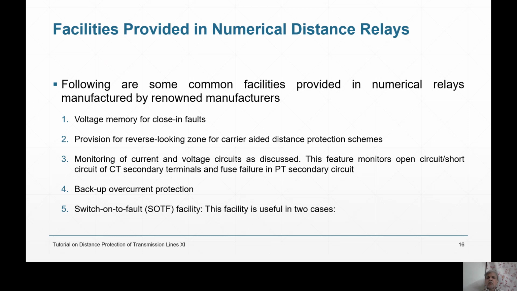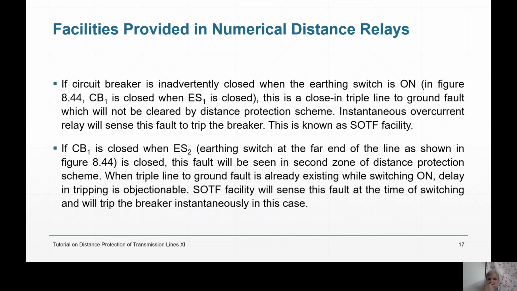When we already know that the fault is there, then the fault can be cleared instantaneously. So if the fault is existing, when you switch on the breaker, this breaker will trip instantaneously. That is the switch on to fault facility.